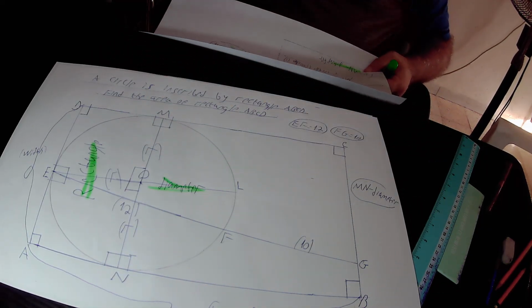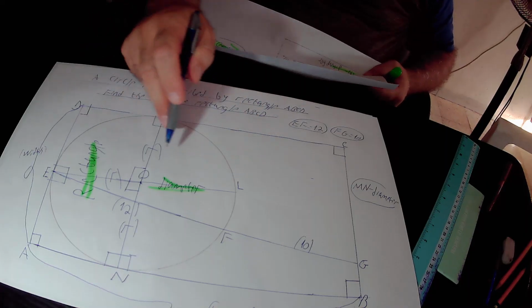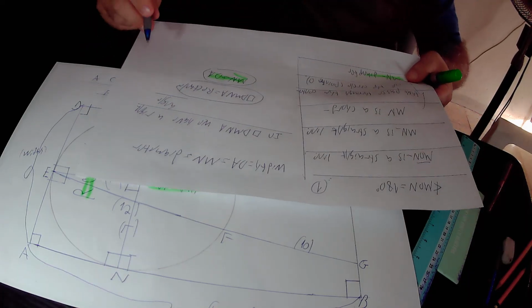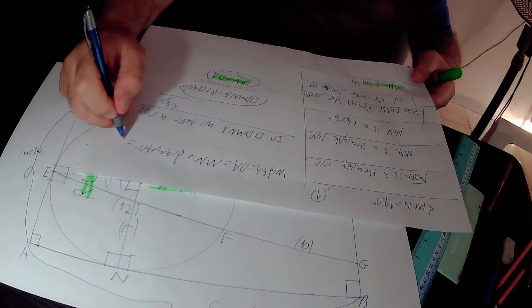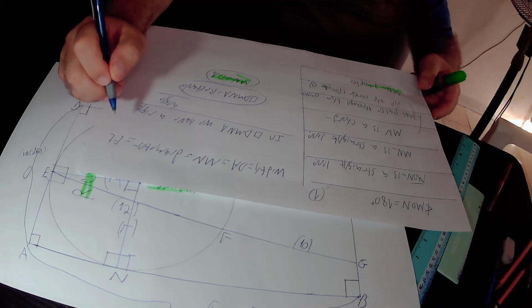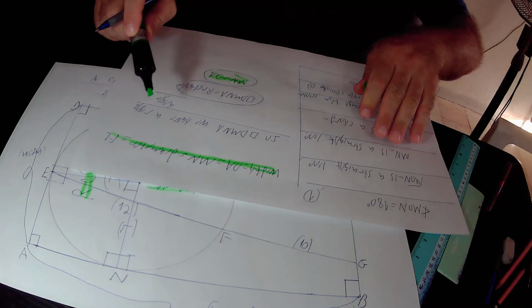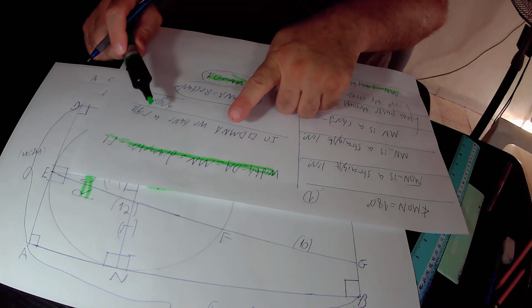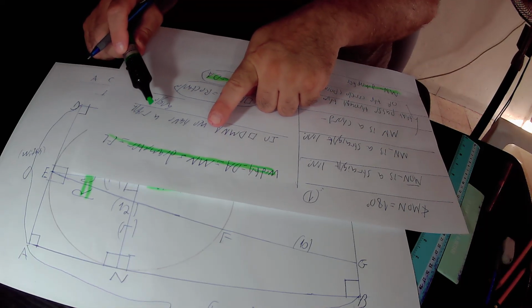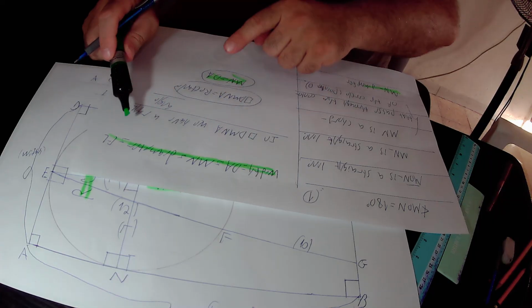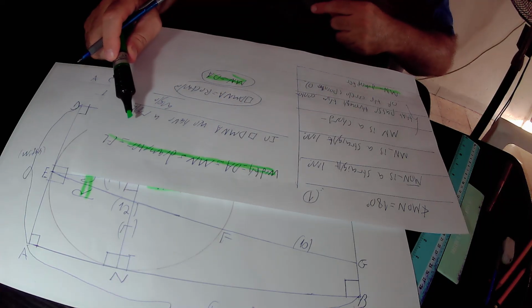But we also found out that EL is also the diameter of the circle. And from this long equation, the width equals DA, and DA equals MN, and MN equals the diameter, and EL is also equal to the diameter.